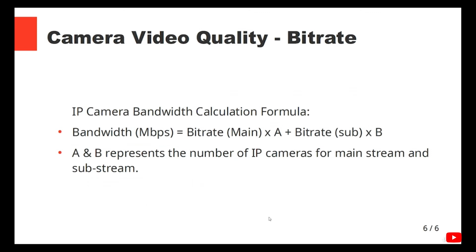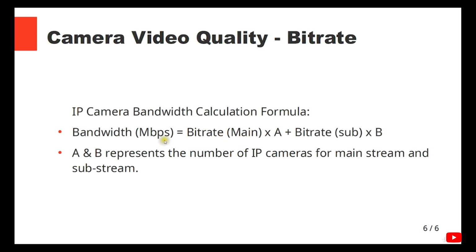And how do you calculate it? You have an IP camera bandwidth calculation formula, with bandwidth in megabits per second. As you remember, for each camera we're setting a mainstream and a substream.